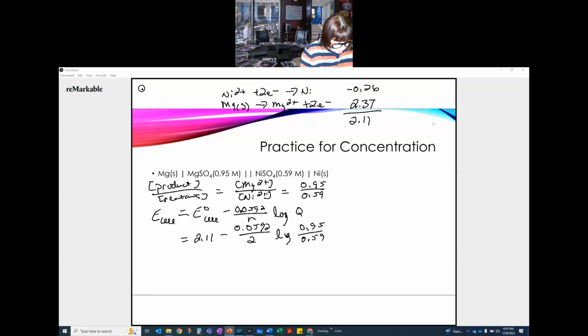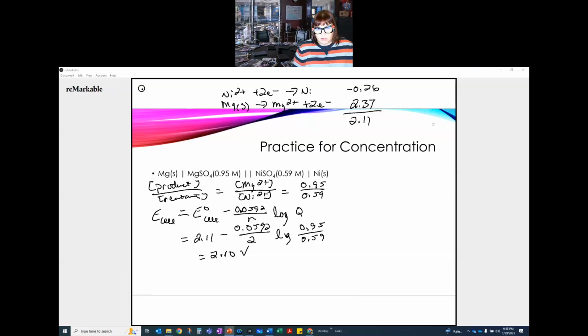So 2.11 minus 0.0592 divided by 2 times the log of 0.95 divided by 0.59, and it gives me 2.10. So not much change, but that's how I would deal with it.